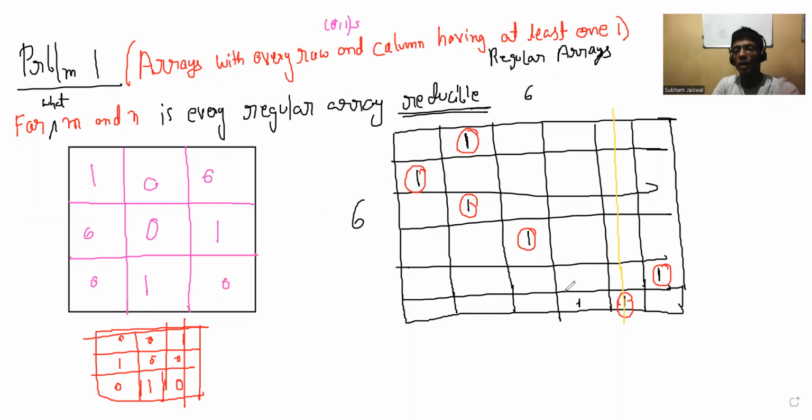Like in this particular case, we may end up with 2 unused columns when we make the row traversal and I ask every row, where is your 1? So I use at most 5 columns in the first 5 rows. I may end up not using 2 columns, right? Then I can say, okay, I don't use those 2 columns and then don't use the last row, I can remove the last row.